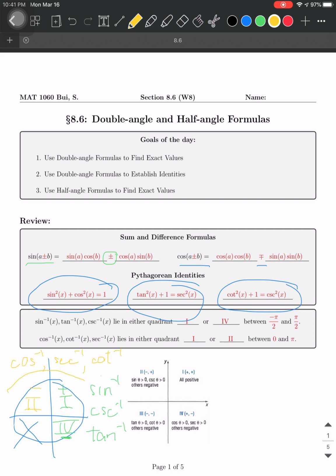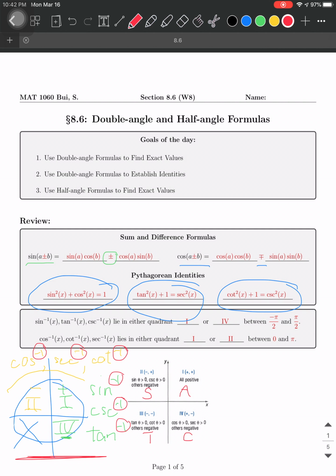Okay. And just really quick about All Students Take Calculus. I told you guys that this chart in here is only for inverse functions. That's why we have the symbol of -1 on each of the 6 functions in here, because they are inverse trig functions. While the other chart, All Students Take Calculus, this one in here is only for regular trig functions.